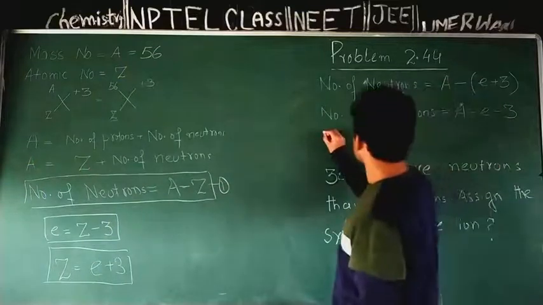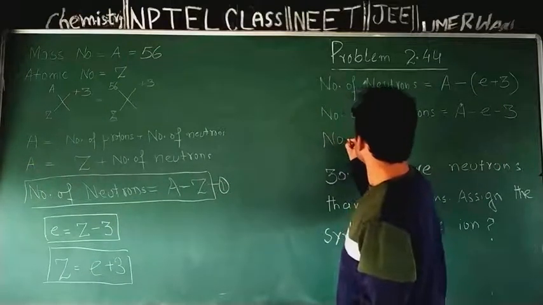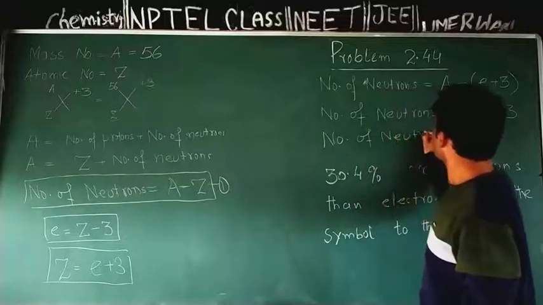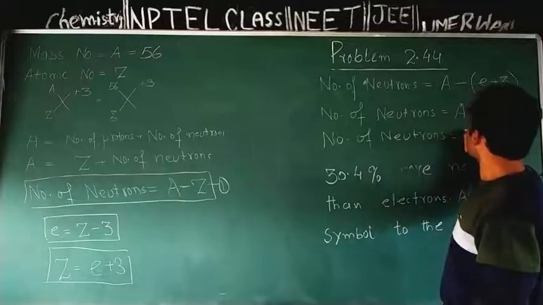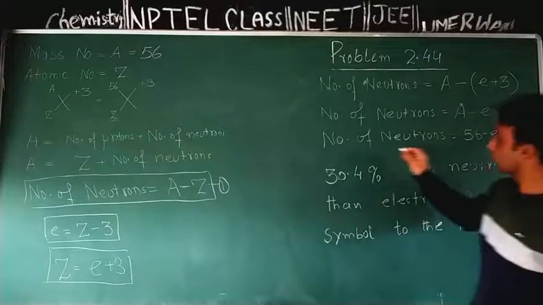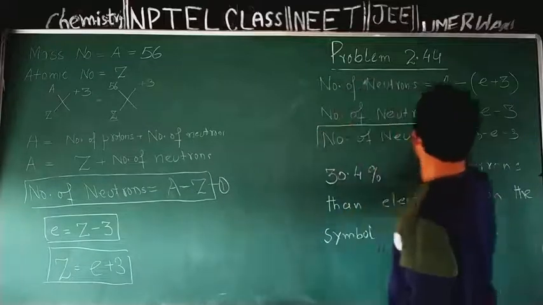I may write number of neutrons is equal to 56 minus E minus 3. This I will keep equation second.